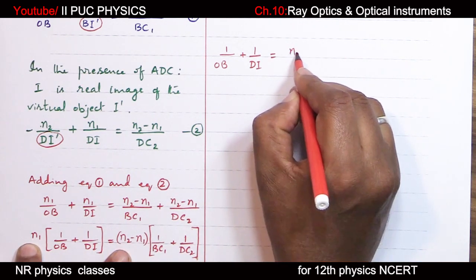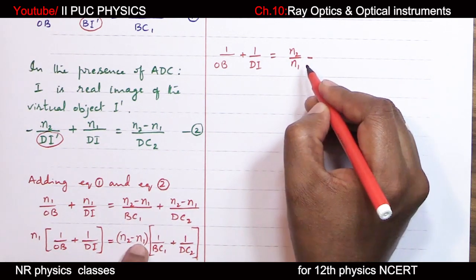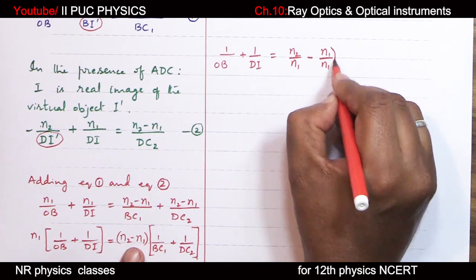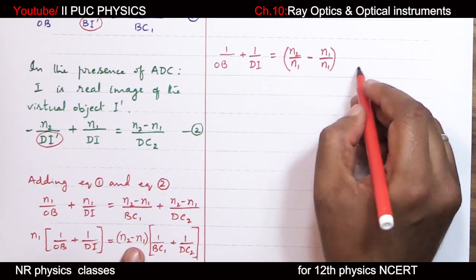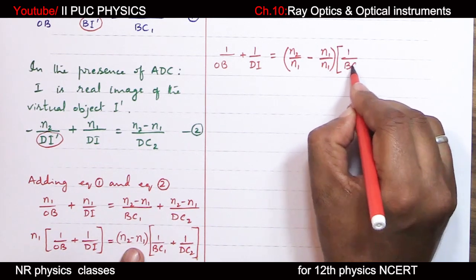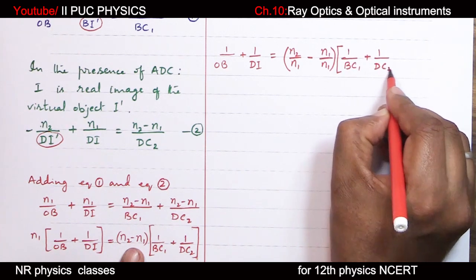So it is N2 by N1 minus N1 by N1 into 1 by BC1 plus 1 by DC2.